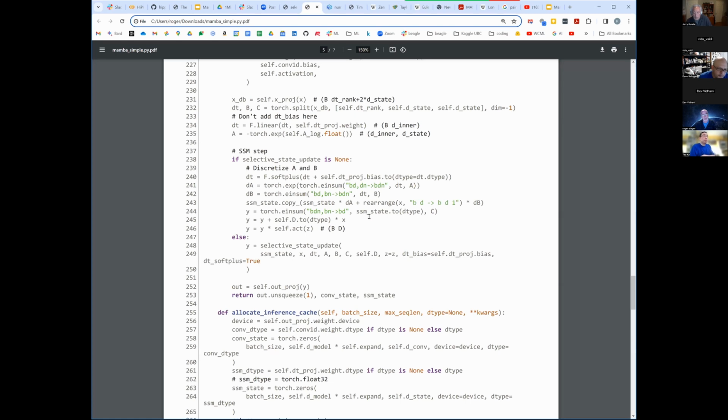Let's see, what do we do next? This is Y. Computing Y is this operation of the state and C. So it goes from this higher dimension DN back into D. And then we add in the residual path times A, add that in.